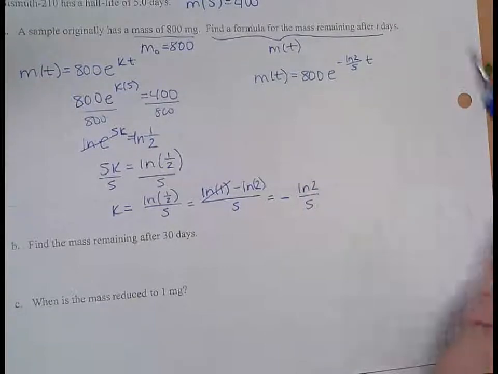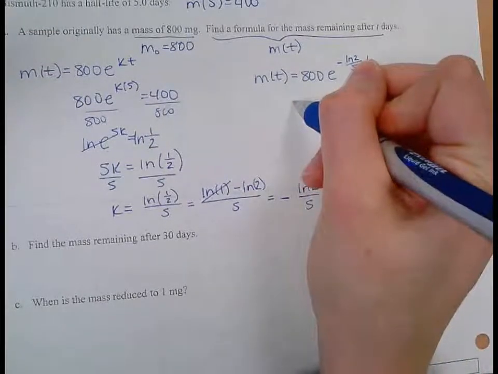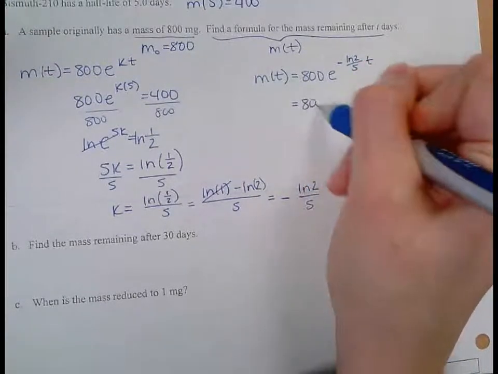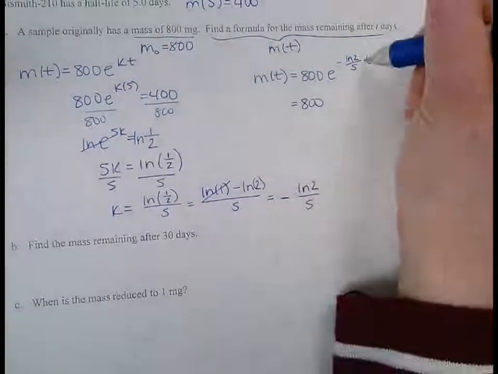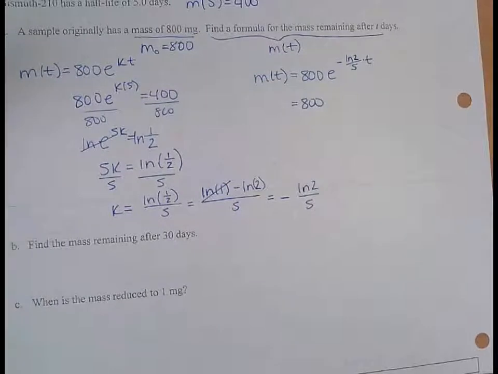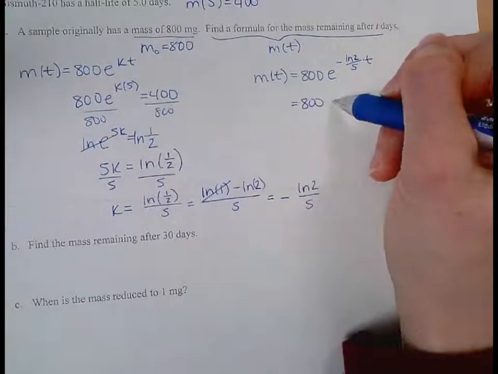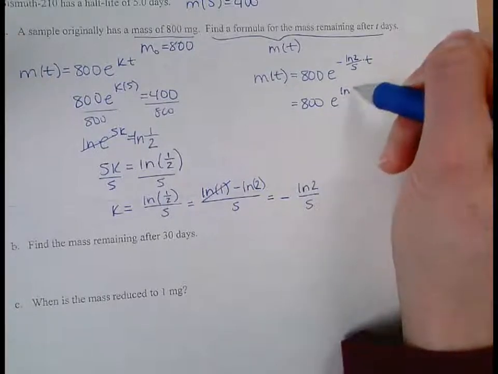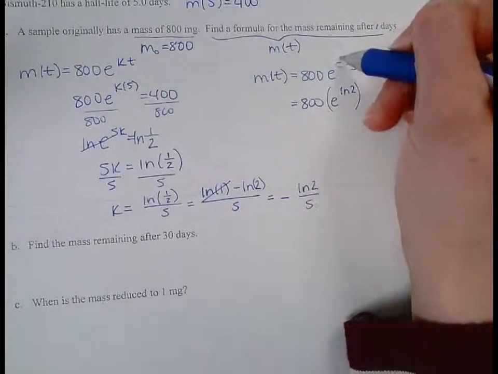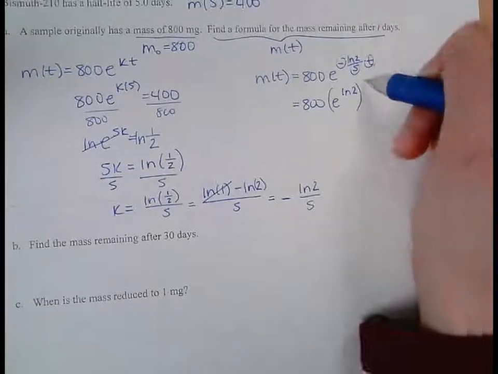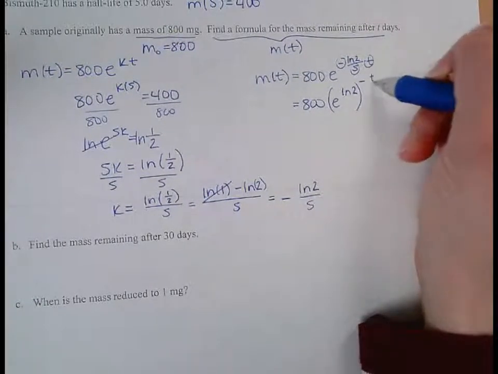So what I'd actually have to do here to rearrange this is say I have 800. I'd have to split apart this exponent. So I'd want it to be just the e to the natural log of 2. And that means the negative over 5 and the t, this would be raised to the negative t over 5.